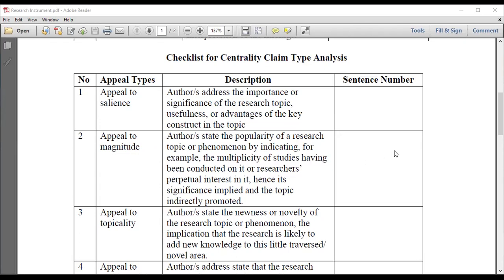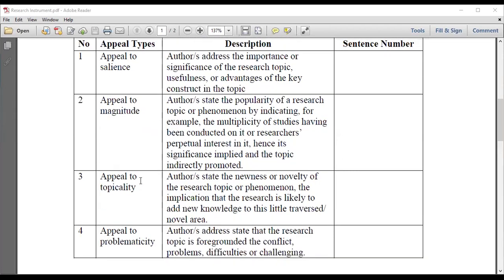It will be very rare if you find more than one type. Most probably you can find only one type. You can find appeal to salience only or appeal to magnitude only. The third type is when the authors state that their topic is new, that this research is a new investigation or new field or new theory.